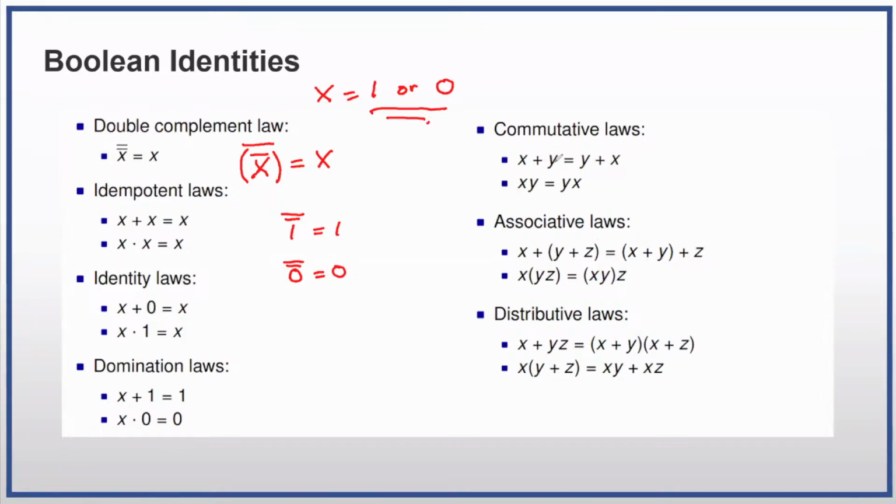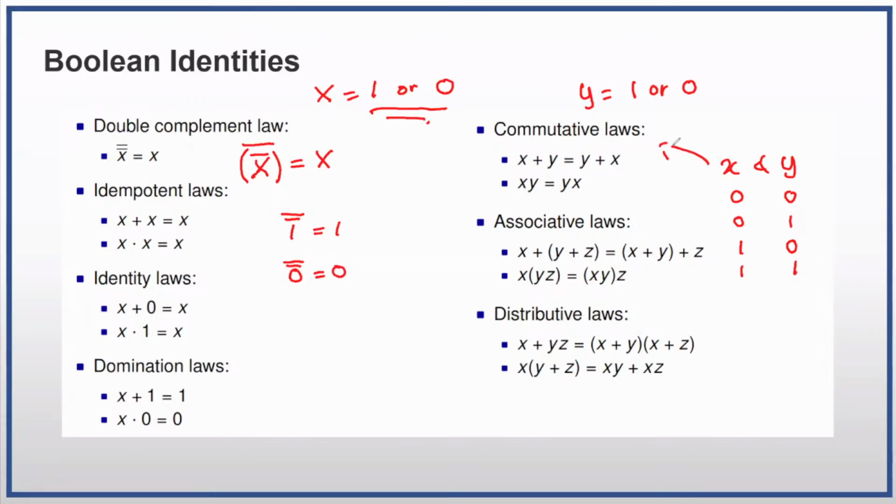In the commutative law, you can interchange the two inputs. Here y also can be 1 or 0, so for x and y there are 4 input combinations.